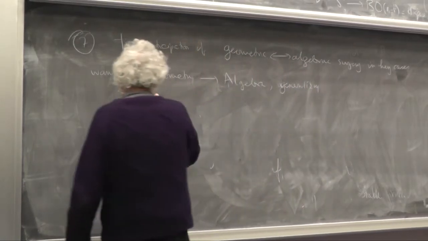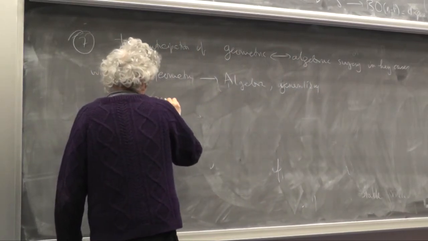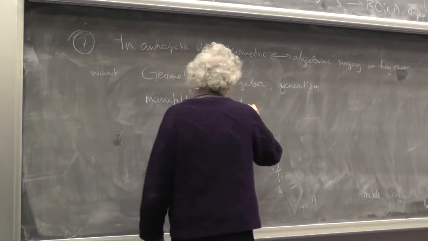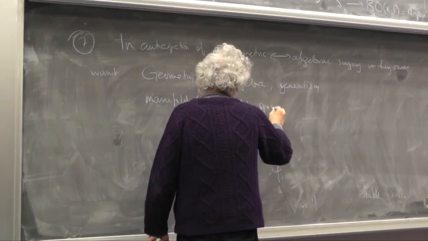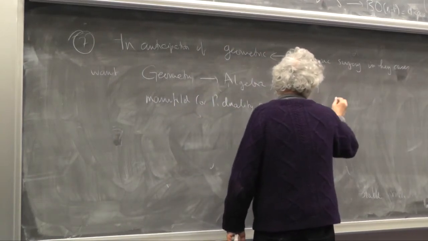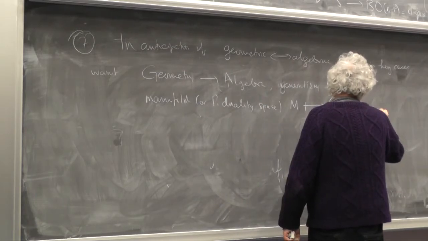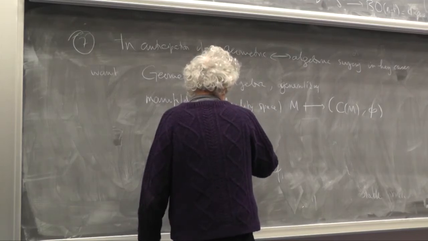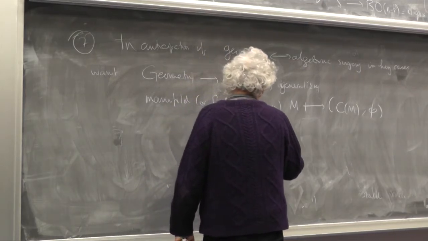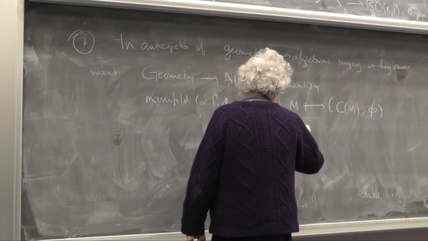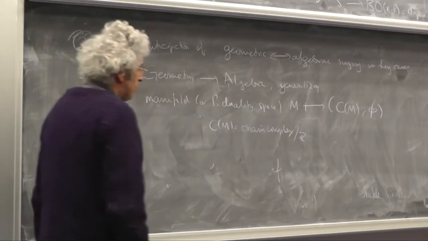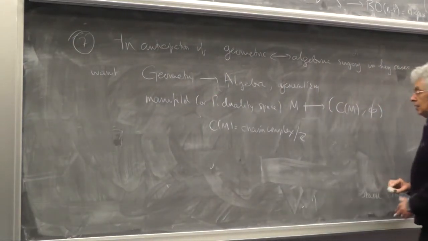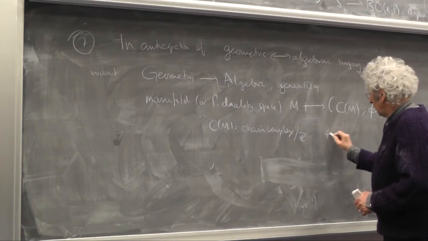Well, so we had one manifold, Poincare duality space, M. So what I had last time was C(M), some kind of chain complex. For simplicity, I'll just work over Z. I mean, the full theory uses the fundamental group, but it's kind of complicated. So just think of Z. And then phi was all these things.